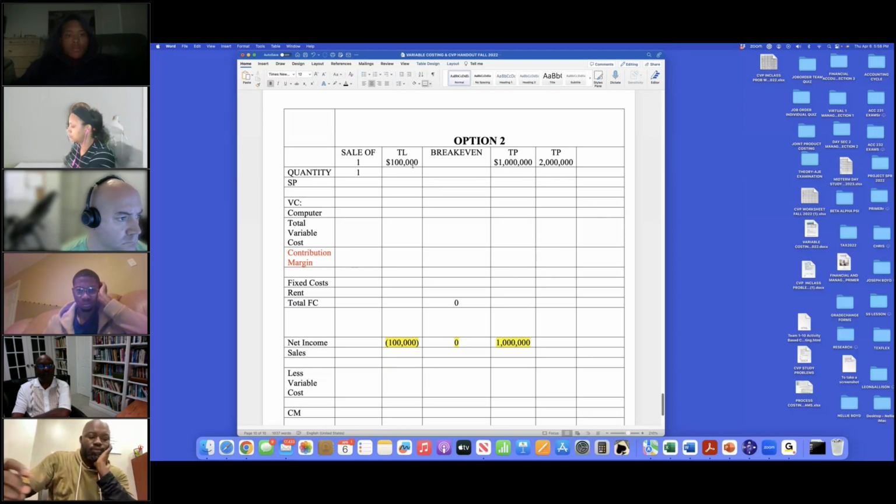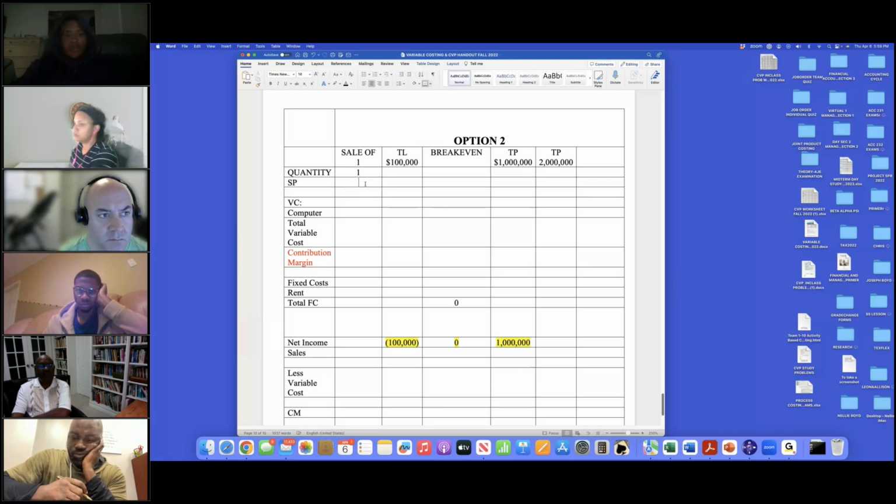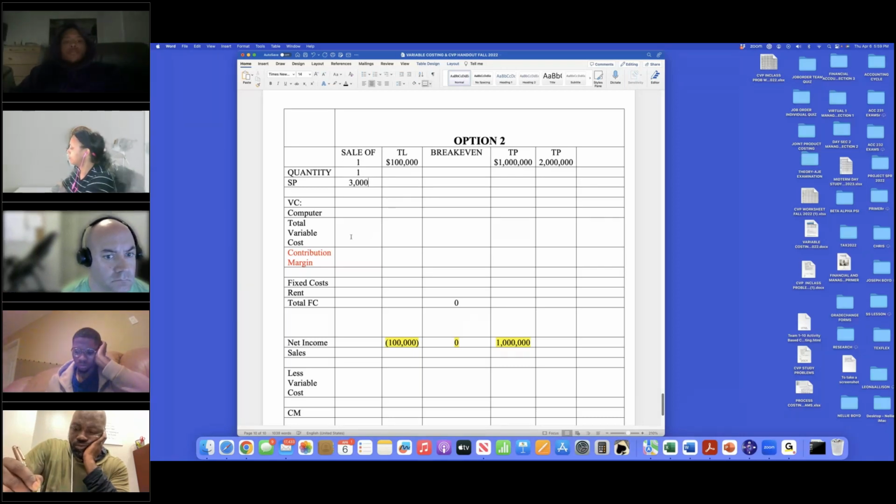Now, let's look at one. We said the selling price of the computer was how much? 3,000. And each computer costs what? 1,500. So our contribution margin is what? 1,500. That's what we're putting in this first column.